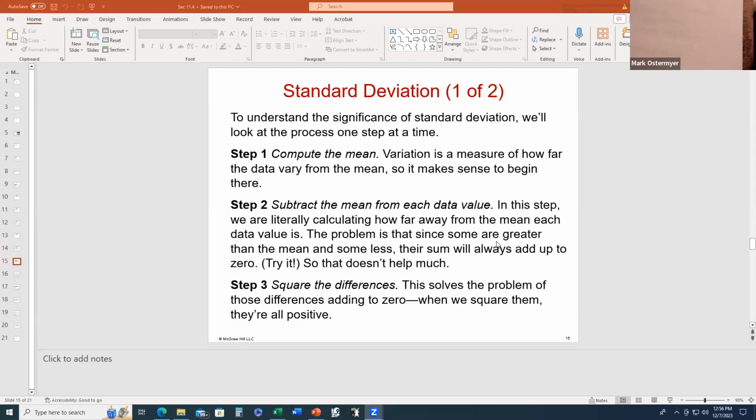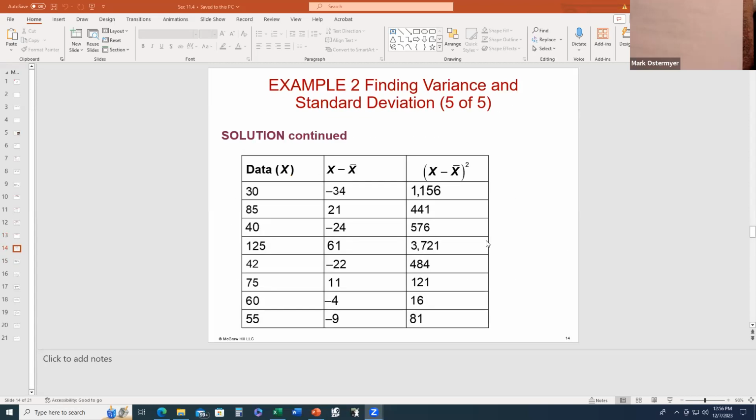Okay, so for instance, if you look at that second group of dogs and their weights, we can organize them in a table. The first column is the raw data column, X in pounds. The second column is the difference between the weight of the dog and the mean weight of all the dogs in the data set.